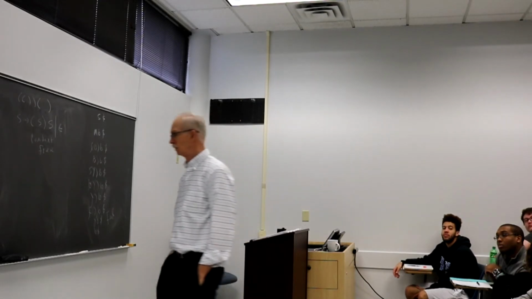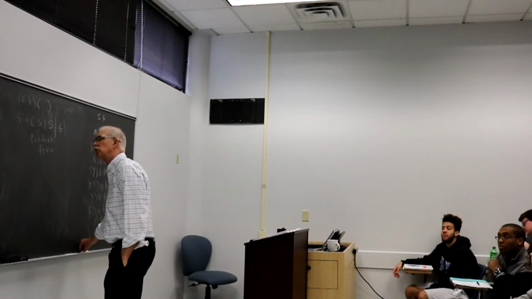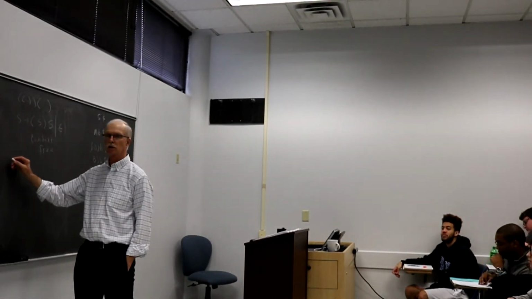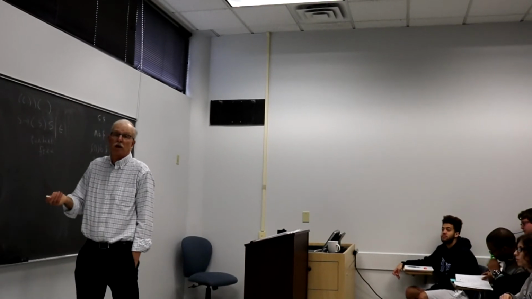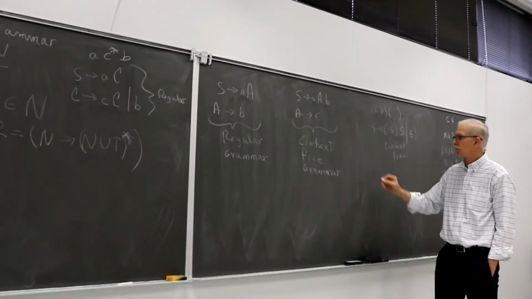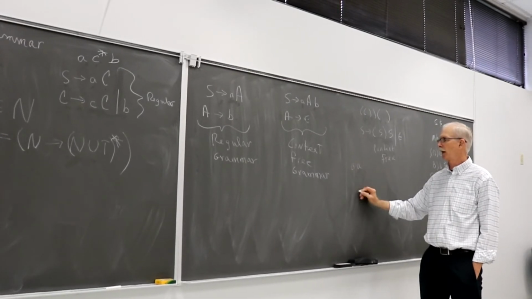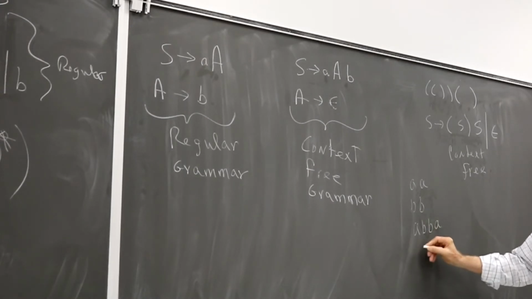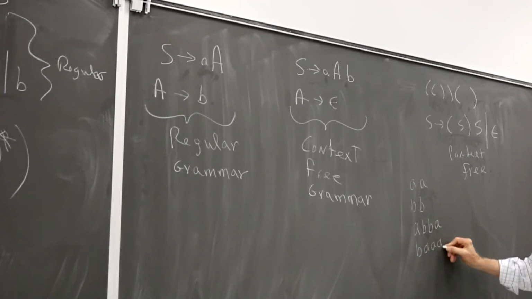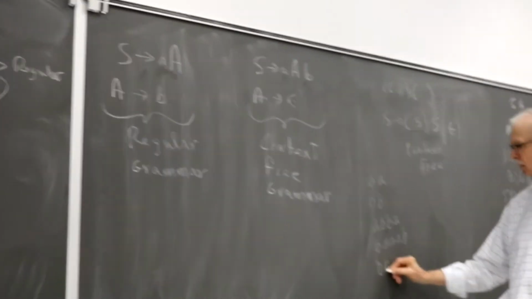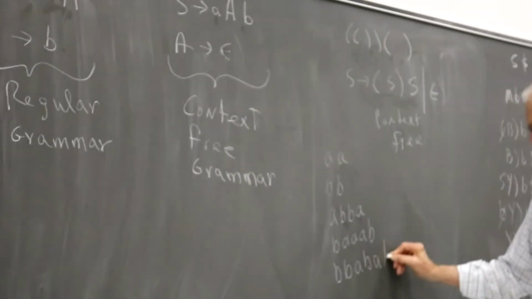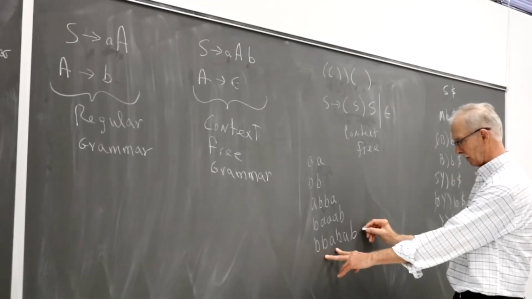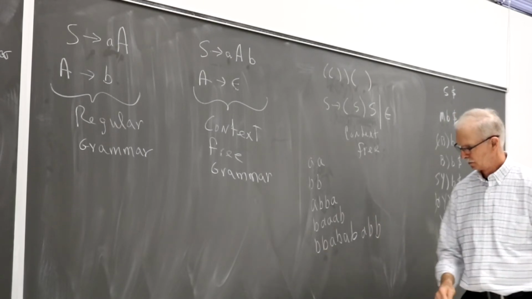I was gonna say, we're gonna be given the rule, right? I'm going to give you example strings, and you got to make up the rules. In this case, I described it as palindromes. So that means AA, BB, ABBA, BAAAB, BBABAB, strings like that.